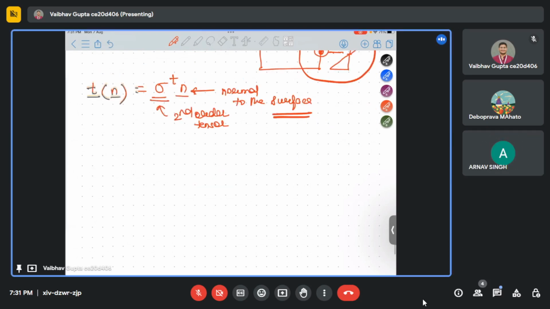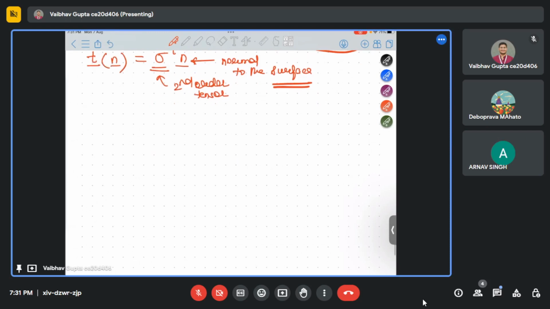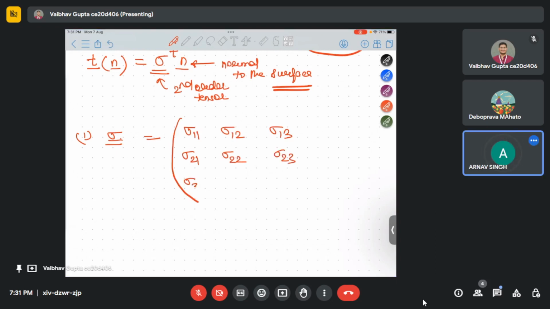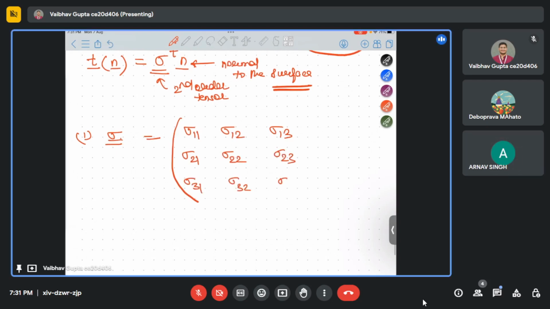One more small concept I'll tell you. If we write sigma, it will be like sigma 11, sigma 12, sigma 13, sigma 21, sigma 22, sigma 23, sigma 31, sigma 32, sigma 33.